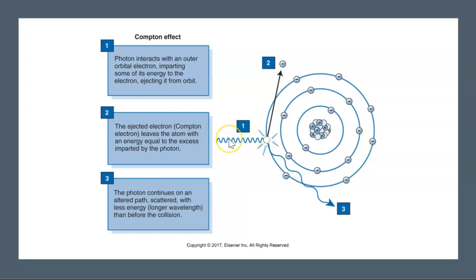So when we're talking about a Compton effect or Compton scatter, here's your incoming photon, it hits an outer shell electron, knocks it out, so we get a Compton electron or a recoil electron, and then we have a lower energy scatter photon. You can see here we've lost energy and we've changed direction.